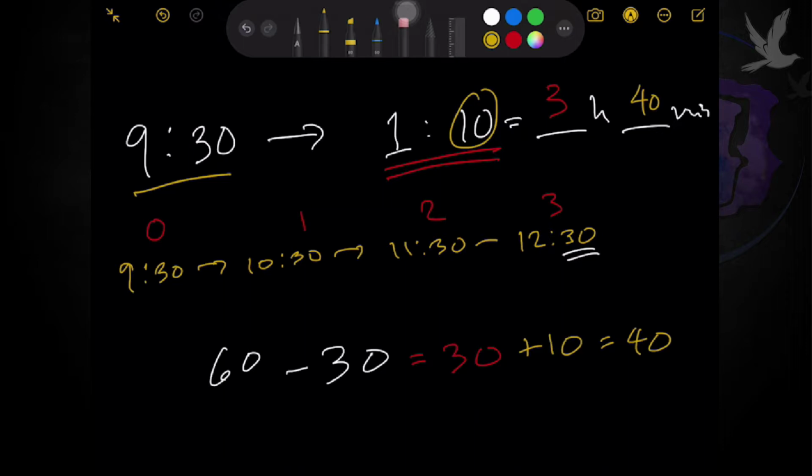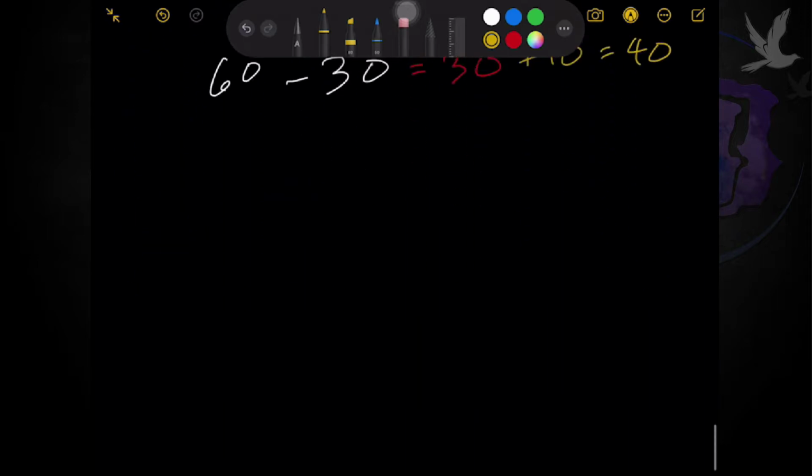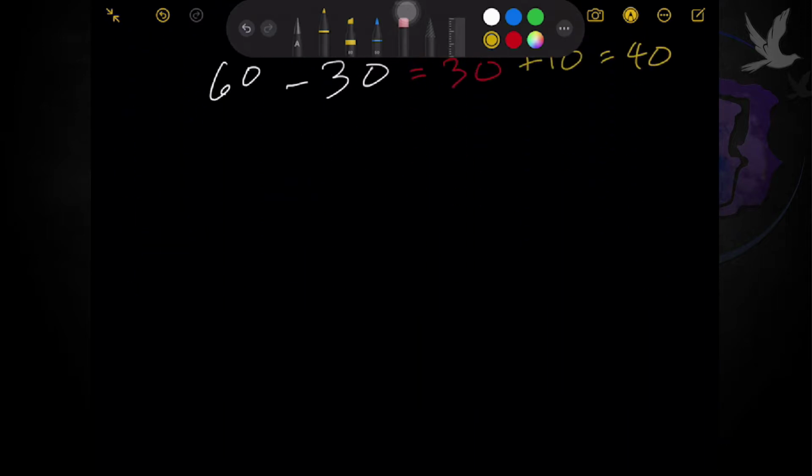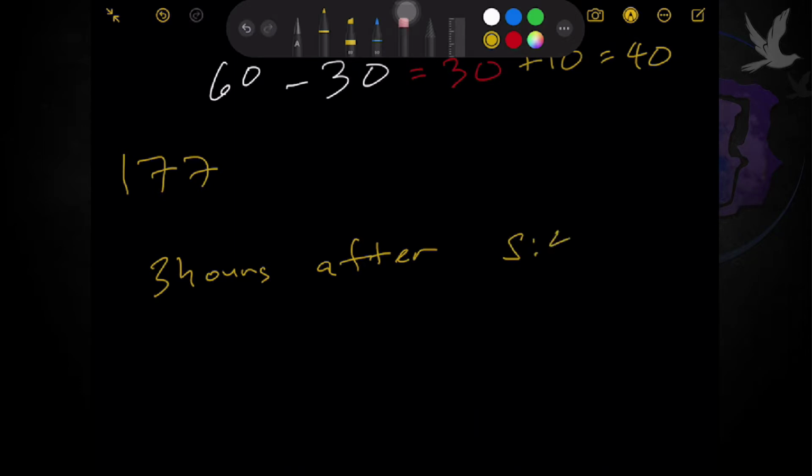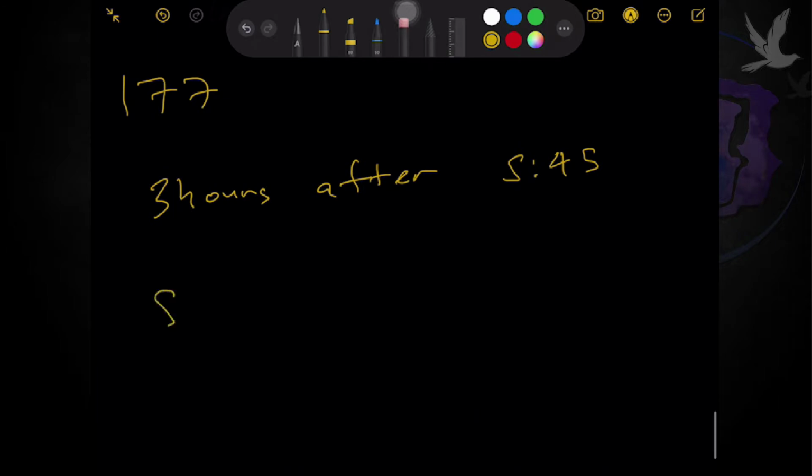So, for 177 naman, basically, it's easy. Adding, usually you just need to add what is being asked. So, for example, 2 hours, this is 177. For example, 3 hours after 5:45. So, you have 5:45.